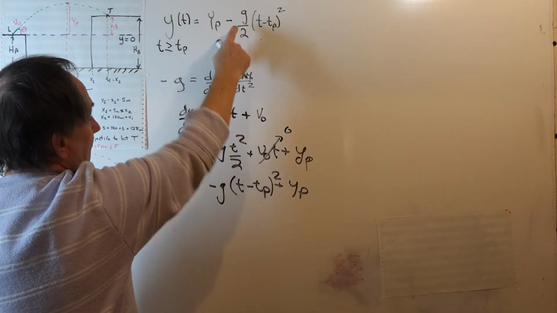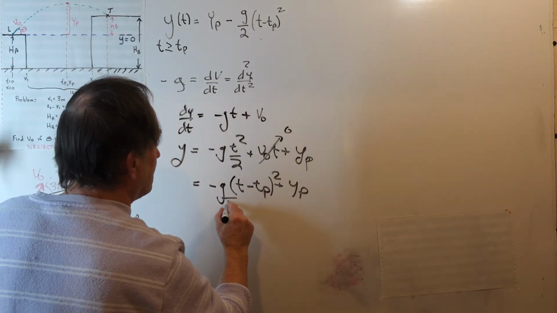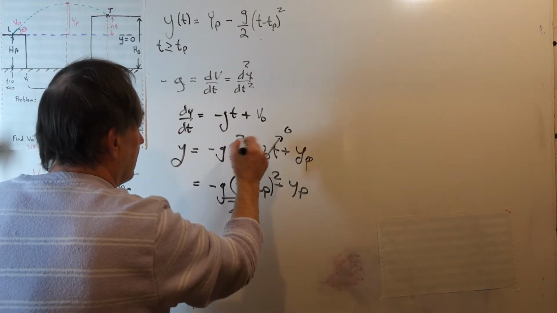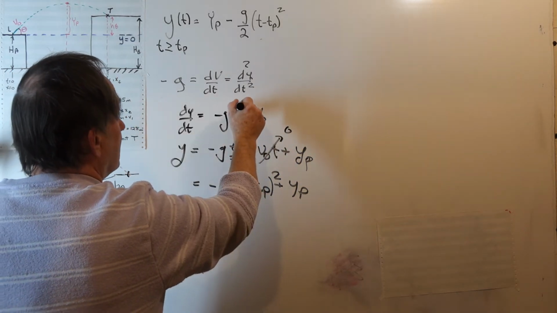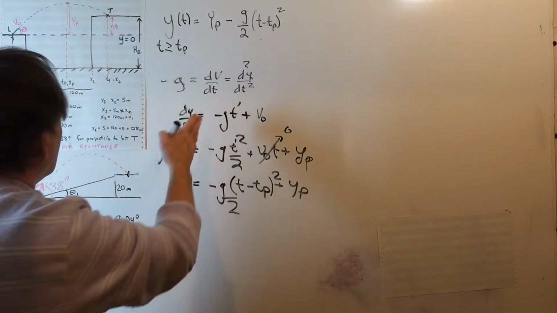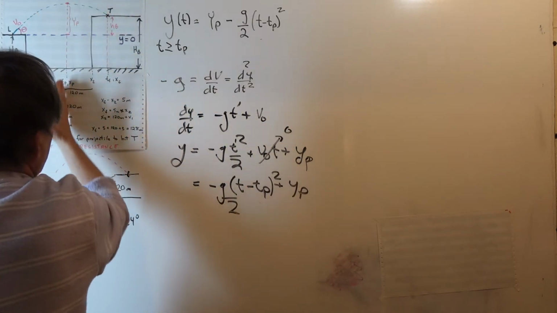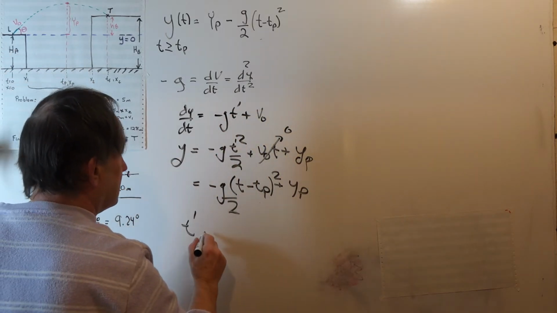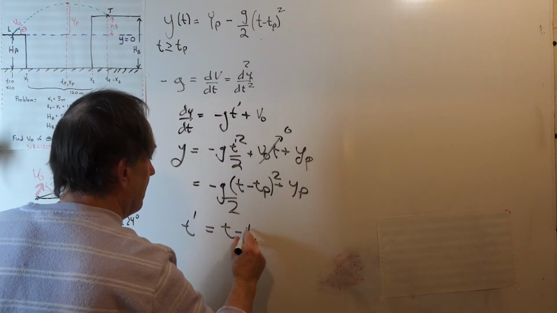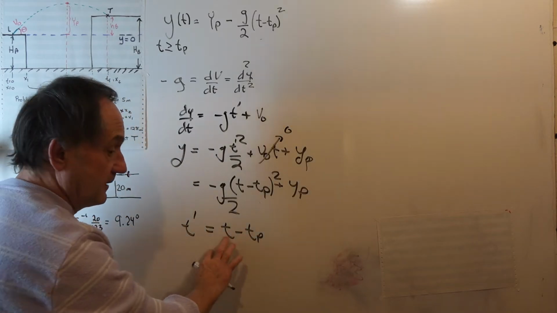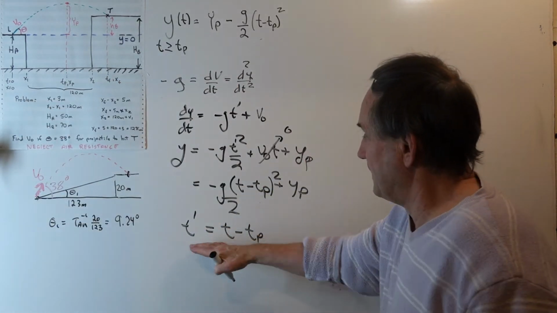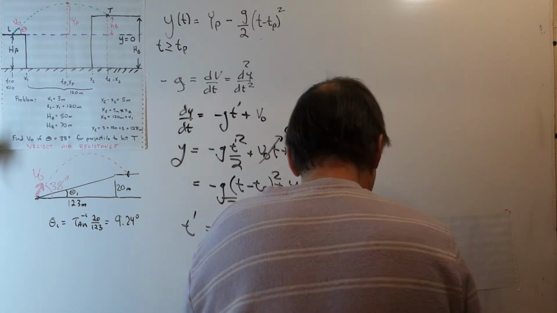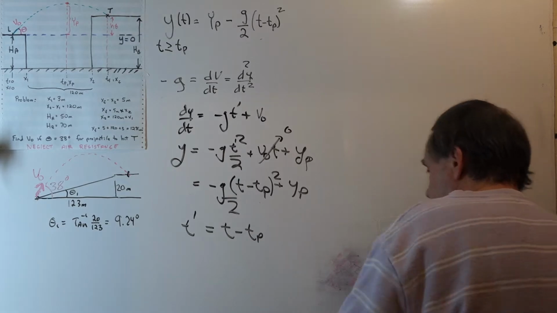It's y peak minus g over 2 times t minus t peak squared, because this is actually starting, we'll call it t prime, with time equal to 0 at the peak, and we have to convert: t prime is just t minus t peak in transforming from the prime system to the unprimed system. So just to show you where that equation came from.